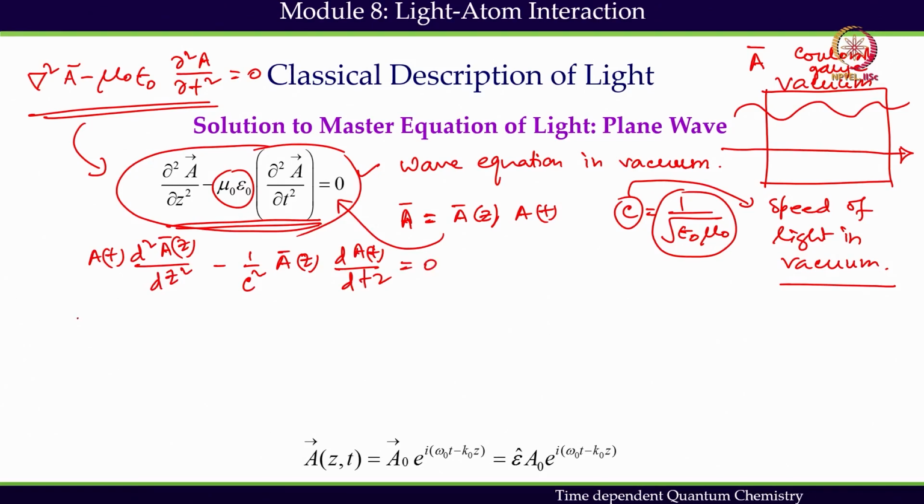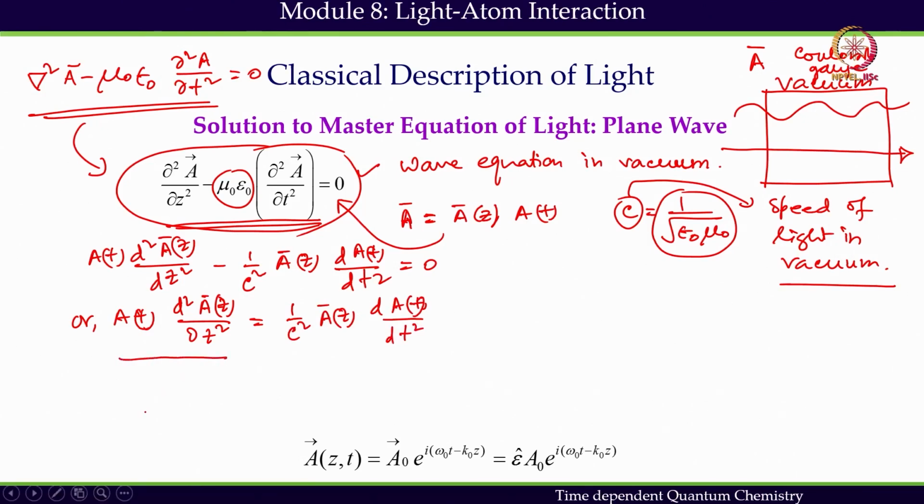Or I can write it as, this is not a partial derivative, 1 by c square times the time part. These are equal.